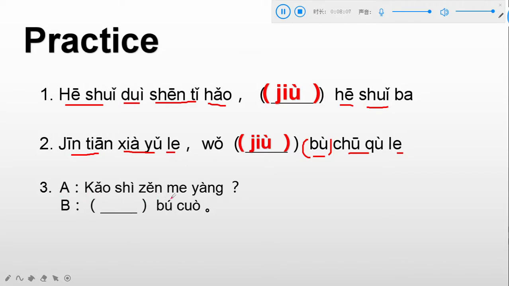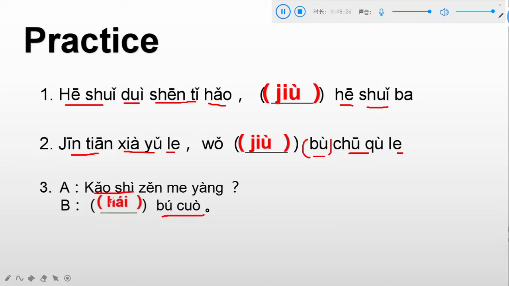Next one, a conversation. A. 考试怎么样？考试 is test or exam. So, how was your test? And B. 不错, as we learned before, 不错 is pretty good. It is an adjective. So we say 还不错, not that good.